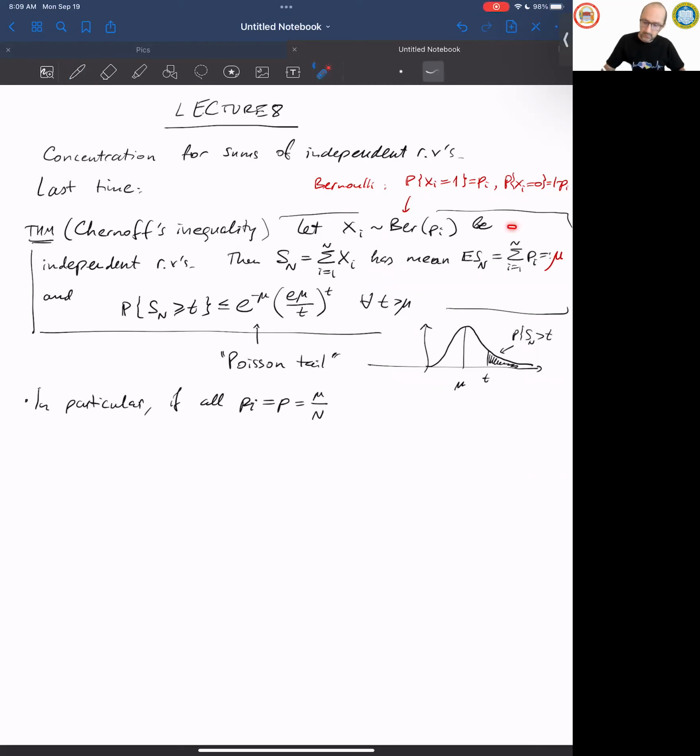Since all terms of the sum are the same, all of them are mu over n, and then Chernoff's inequality works for Sn, which is distributed as binomial, n trials, and probability of success is mu over n.